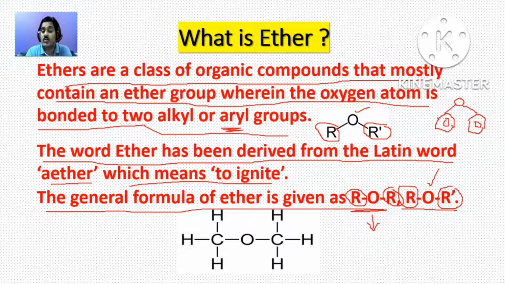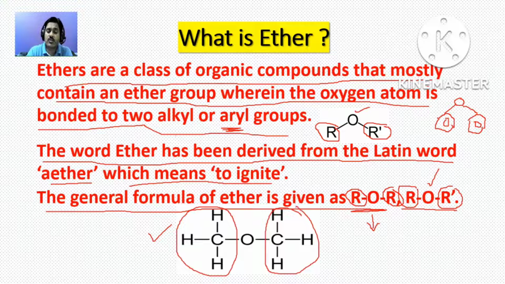Here is an example of a symmetrical ether. A methyl group is here, and similarly another methyl group is here, and these two methyl groups are bonded with the oxygen atom, so it is called a symmetrical ether.